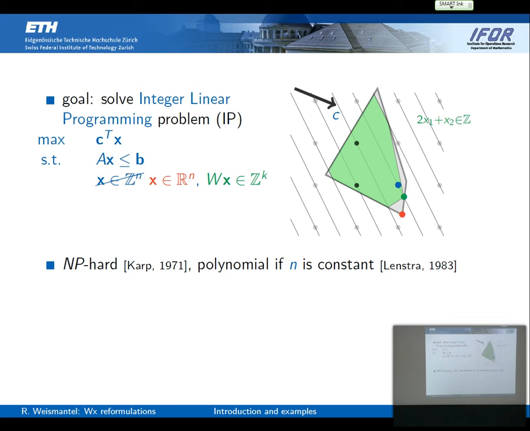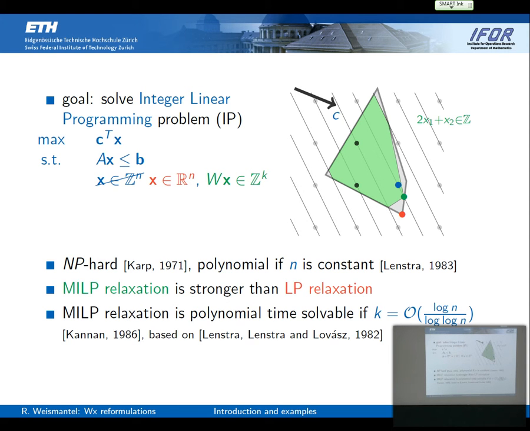Why do we want this? Now, there are several reasons. Clearly, if you do this, in each round, instead of solving an LP, you get a much stronger relaxation. That's at least what you could expect. But what I think is the real beauty is that this is an attempt to build a bridge from fixed dimension theory in integer programming towards combinatorial or integer programming when the number of variables is big.